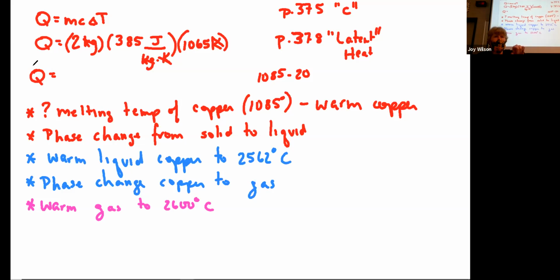So the good part is, since this is change in temperature, I don't have to change it to Celsius and then subtract them. That would be painful. Okay, so let's do that. 2 times 385 times 1065 is 802,050 joules. So that's the heat energy just to get copper from room temperature to its boiling point.